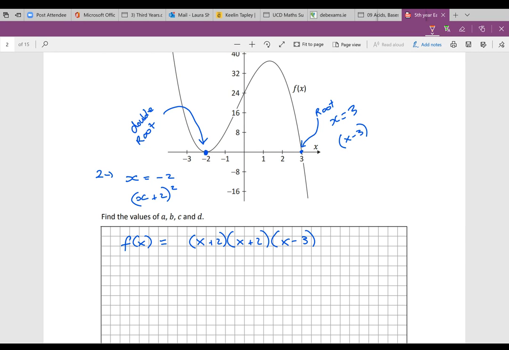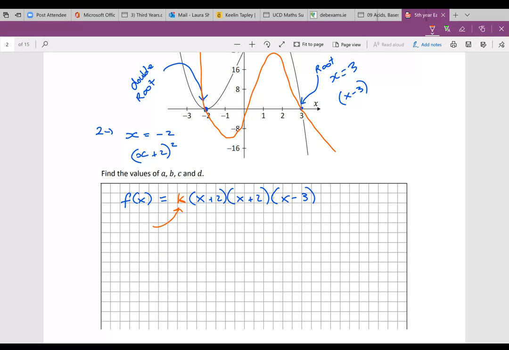I need to know that there is some number that multiplies it to get the amplitude. Remember, this graph can be stretched up and down. I could have a graph like this with the same roots. So this number becomes really important, because it tells us the shape and the amplitude of the graph.